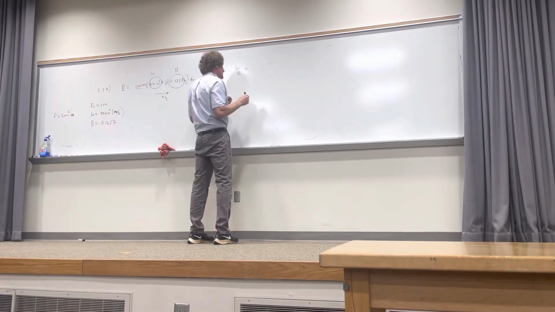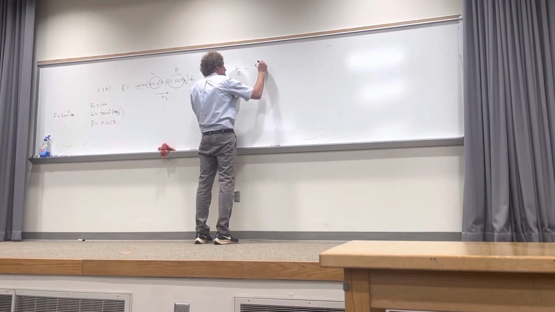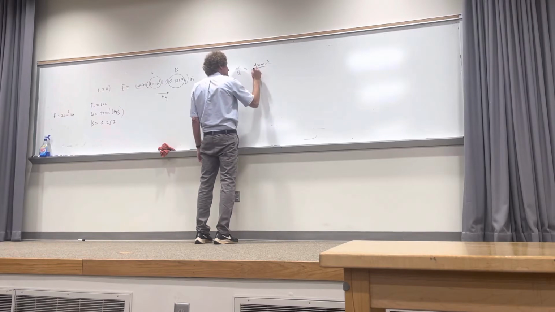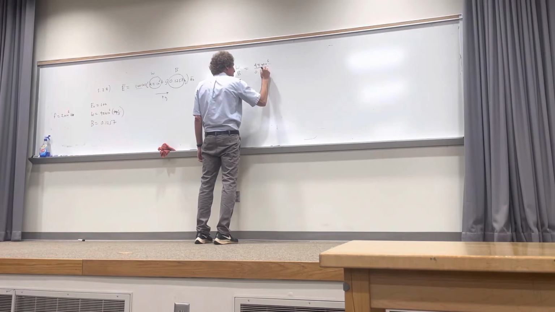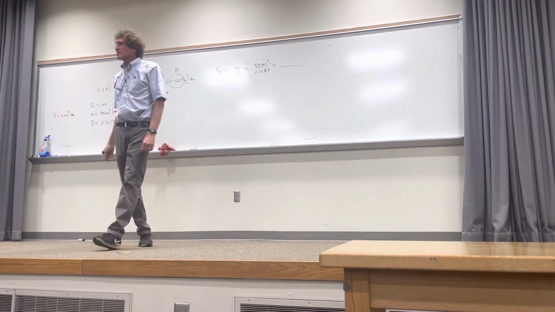In this one, we take a look at it. We've got omega is 4π × 10^6. Beta is 0.1257. I don't know what that is, but somebody can just tell me.